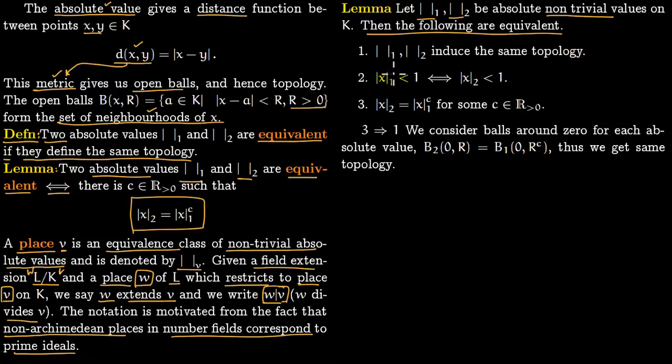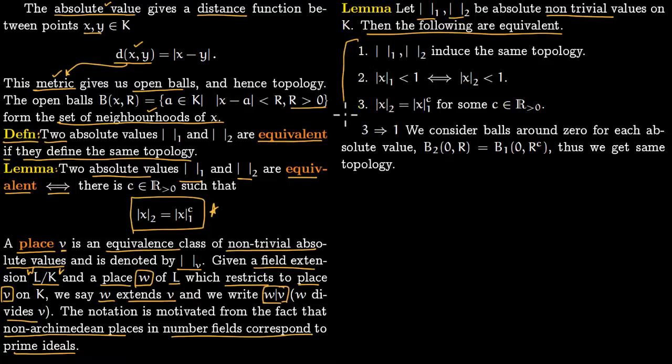Number 2, the absolute value of x under the first is less than 1 if and only if the second absolute value is also less than 1. And third, which is the bigger statement which you want to prove, is that the second absolute value of x is the same as the first absolute value raised to the power of some constant c, which is a positive real number.